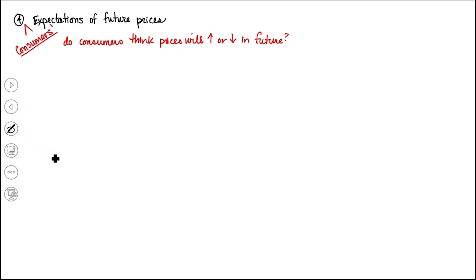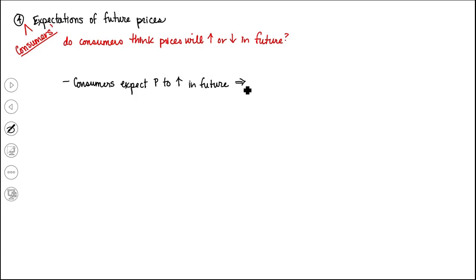All right, that's all we're talking about here. So, first case, consumers expect price to increase in the future. So let's say consumers expect price to increase in the future.